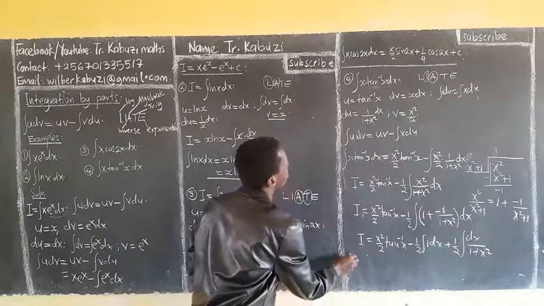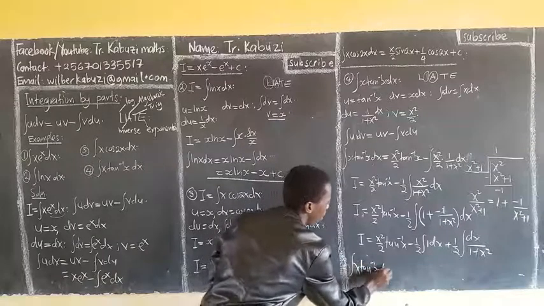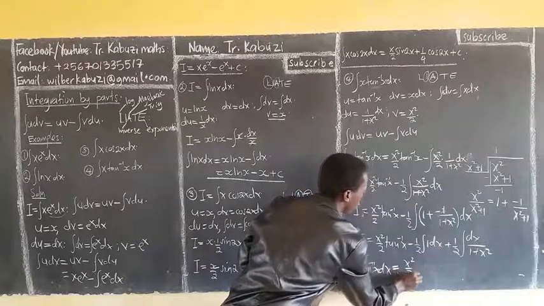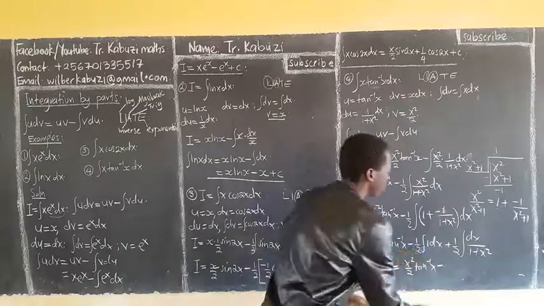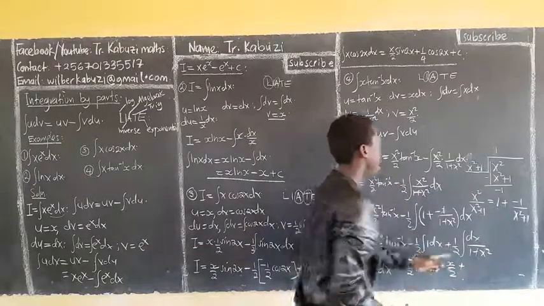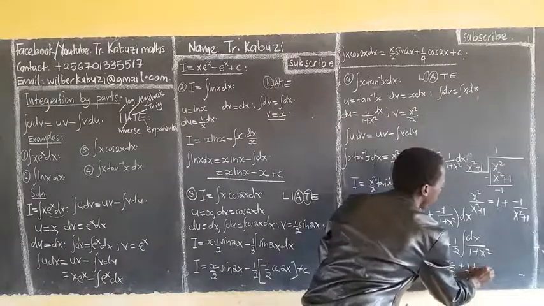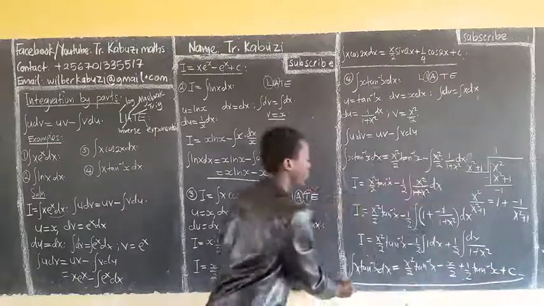Now my final answer, the integral of x tan inverse of x dx is going to be x squared over 2 tan inverse of x, then minus, when you calculate this, x over 2, then plus a half, when you calculate this, we get tan inverse of x, plus c, and that's what we get.